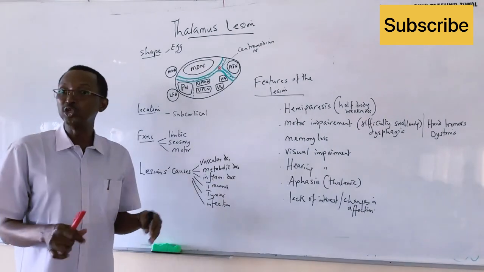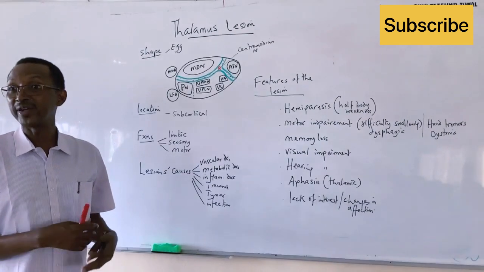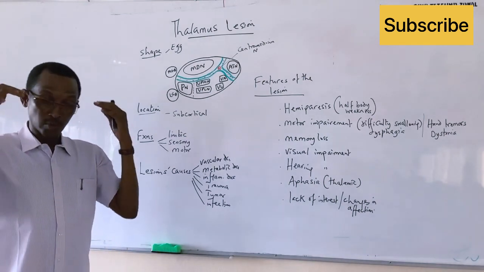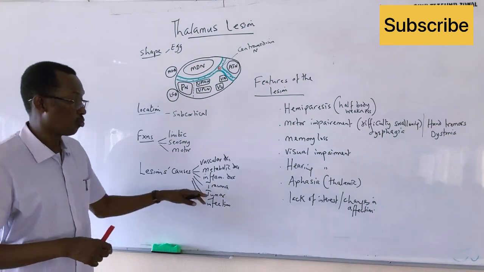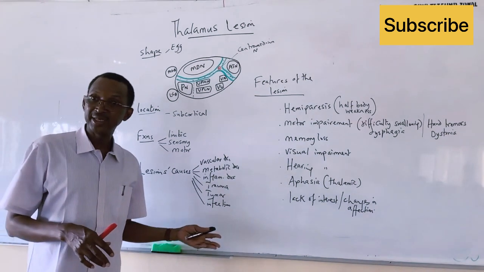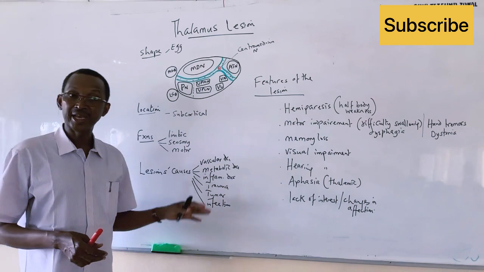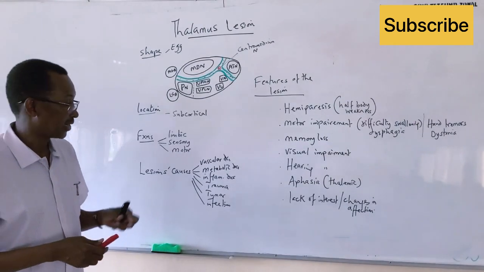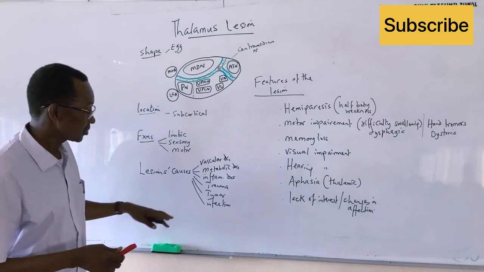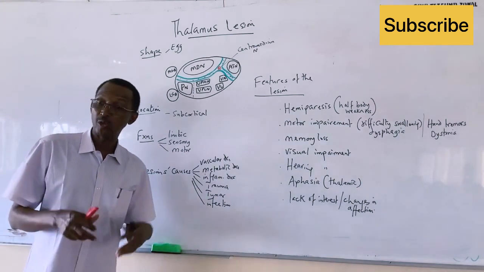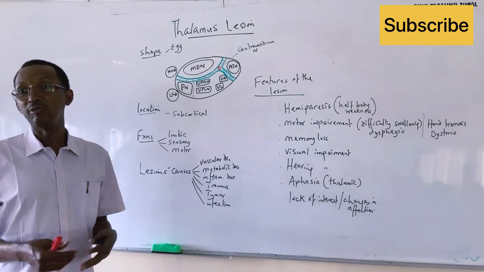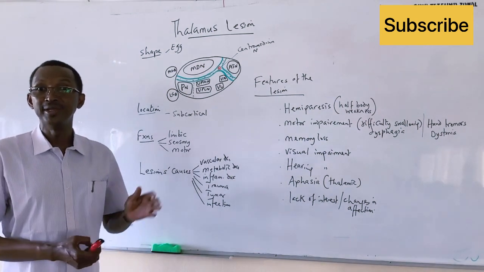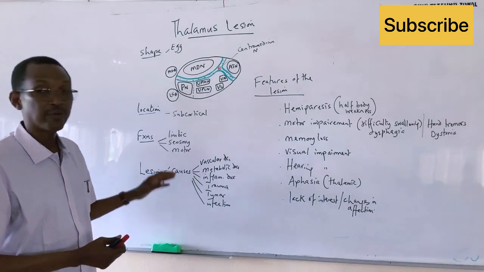Trauma, that means injury as a result of maybe a road traffic accident, domestic accident, or whatever type of accident, can also affect the thalamus. Tumor, that means neoplastic conditions, cancer, can affect the thalamus, and that can also cause a thalamic lesion. Similarly, infection as a result of bacterial or viral infection. So these are some of the causes of lesions of the thalamus.